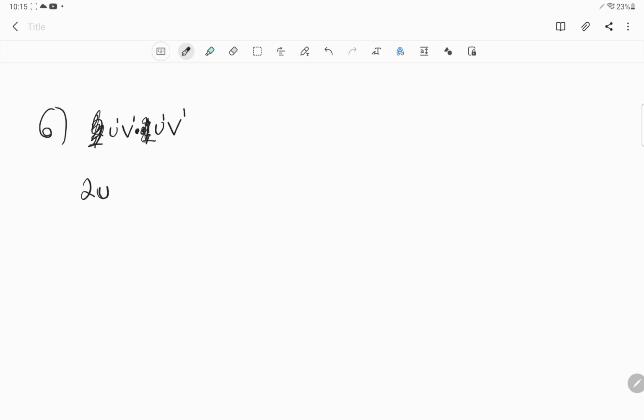You can pick whatever variable you want to start with, but I usually like to start in alphabetical order. I see this exponent and this exponent, so I'm going to do 1 plus 1. 1 plus 1 is equal to 2, so it's going to be u to the 2nd power. So I'm done with the u's.